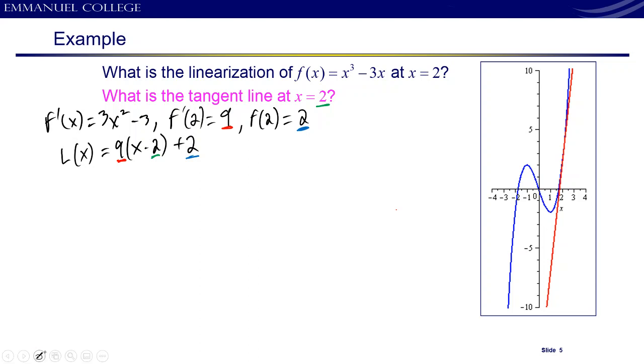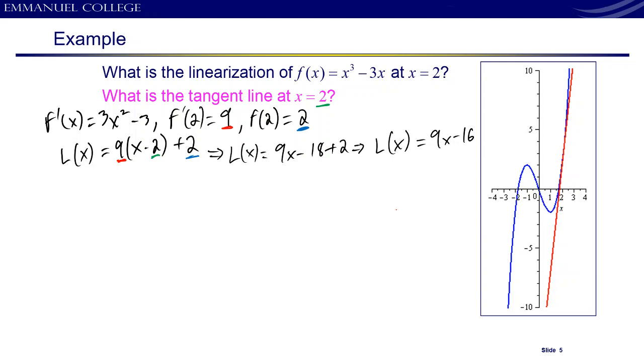And then if we want to, which I would prefer, we have L of x is equal to 9x minus 18 plus 2. So that means our linearization function is 9x minus 16.